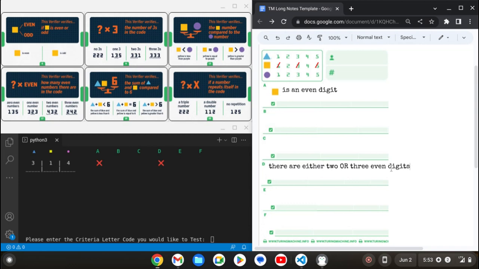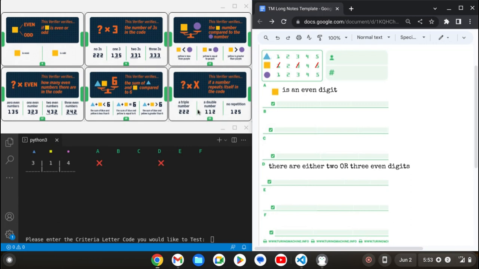Okay, so that doesn't really allow me to cancel anything for square or circle since we still don't know anything. So let's go and, criteria card F will let us know whether they're all unique or there's a double or triple.